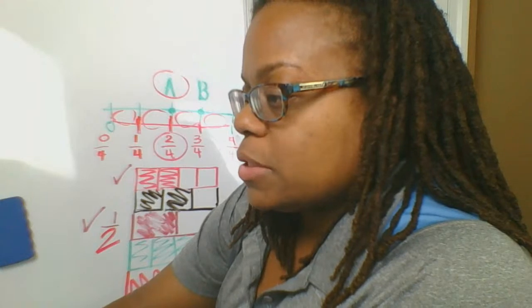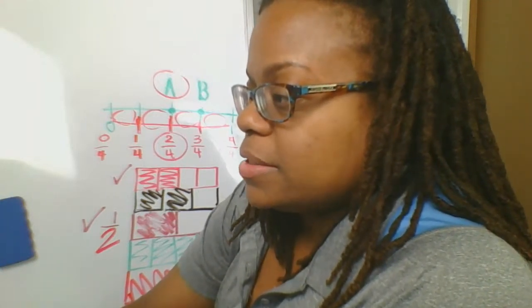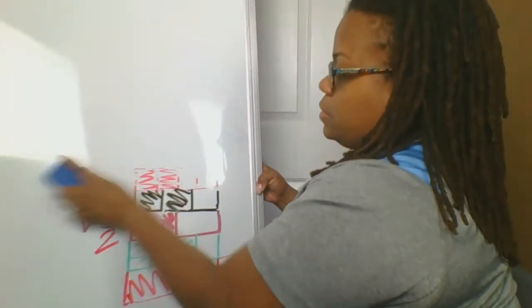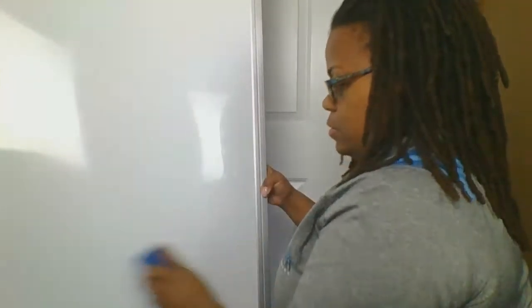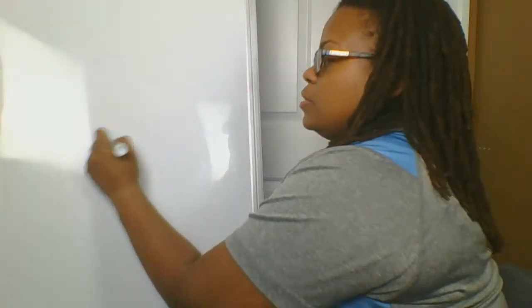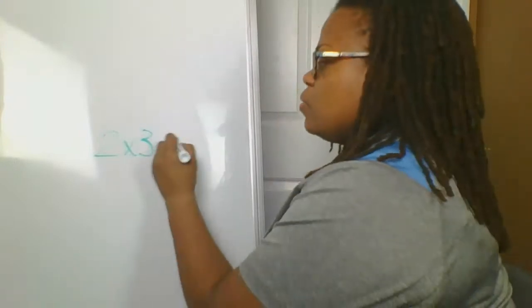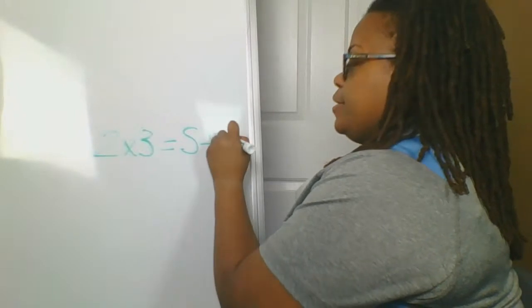All right, so let's see what else we have here. We had one more question we needed to go over, and that was what does S equal? So let's clear this off. And then the equation says 2 times 3 equals S divided by 2.